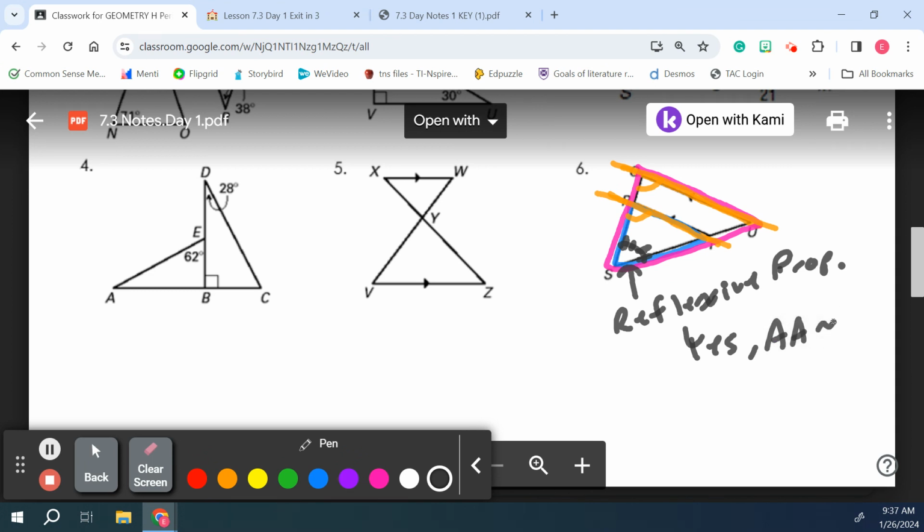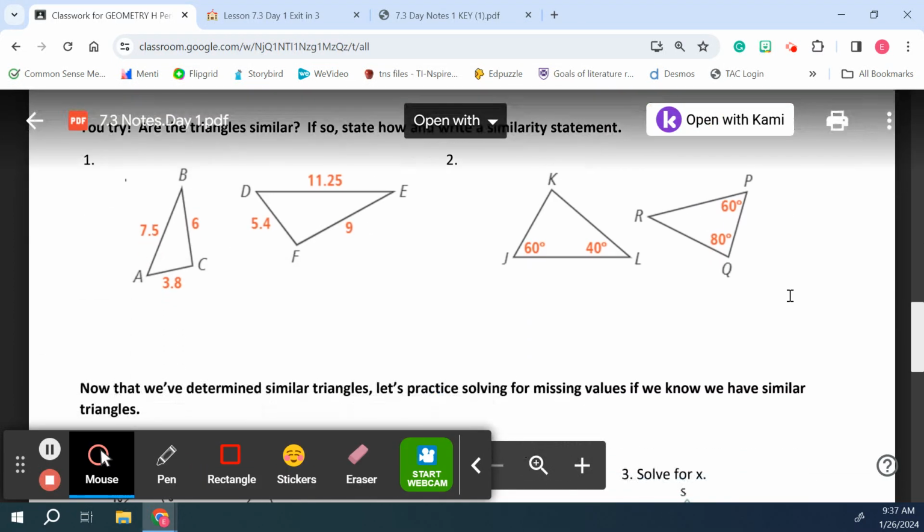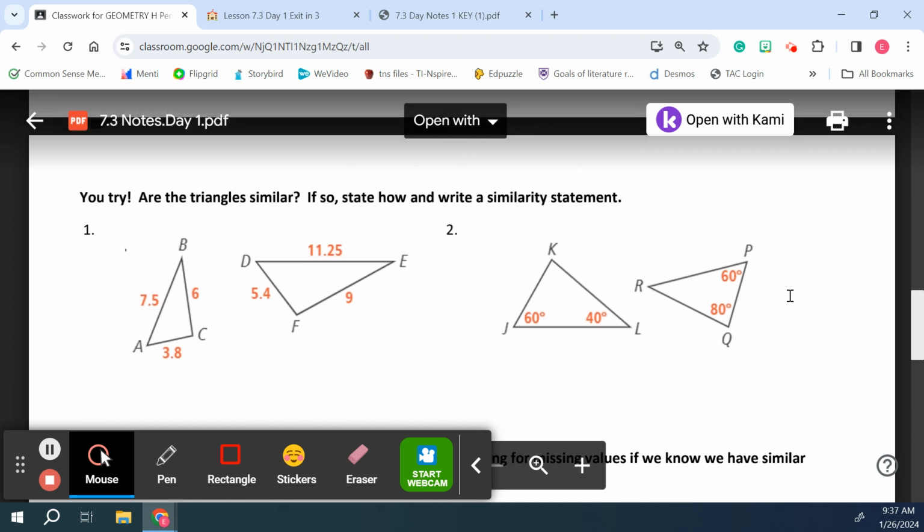All right, switch to the back side. You guys have 2 to complete on your own. And it also says write the similarity statement, so give that a shot also. Give me like 2 minutes.